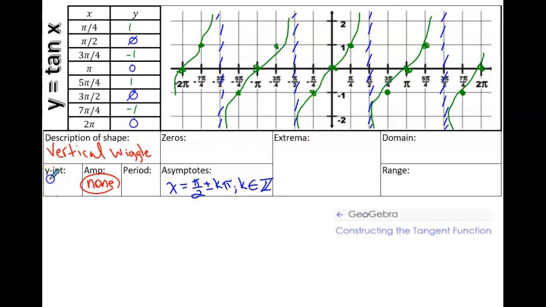We do have a y-intercept for this function at the origin, which is the coordinate 0, 0. We have real zeros as well. They are pi units apart, and our first non-negative 0 is at the origin. So this would be x is equal to plus or minus k times pi, where k is an element of the integers.